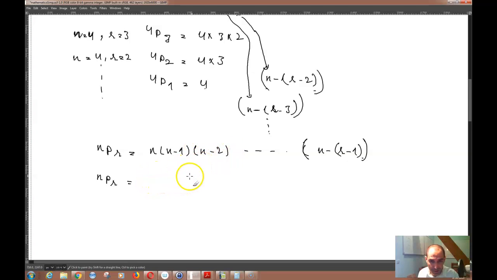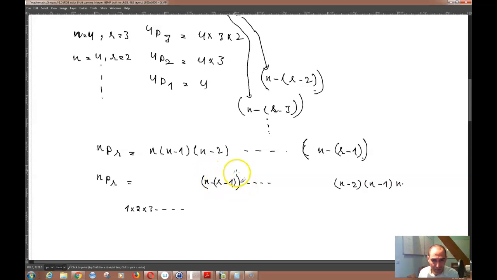So I write it as n minus r minus 1, and I multiply this by all of these terms, and then as you can see, it goes to n minus 2 times n minus 1 times n. Now there are all of these terms that have to start from 1, and I have to go to 2 and 3 and all the way up to the term that comes exactly before this, right?